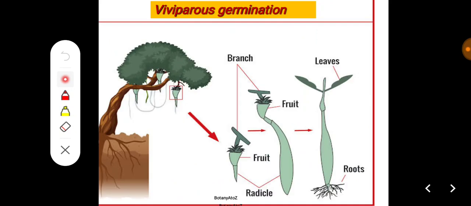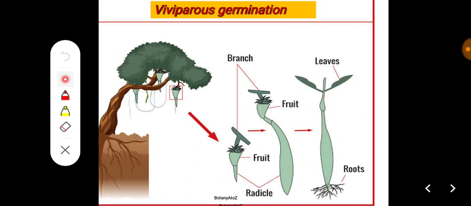Why does this happen? It is because these plants have to grow in saline, marshy conditions, and a young, delicate seed won't tolerate such conditions. As a result, the germination occurs when the young seed is settled inside the fruit on the parent plant, so it has all the favorable conditions.